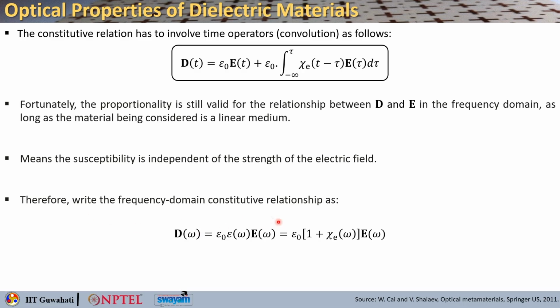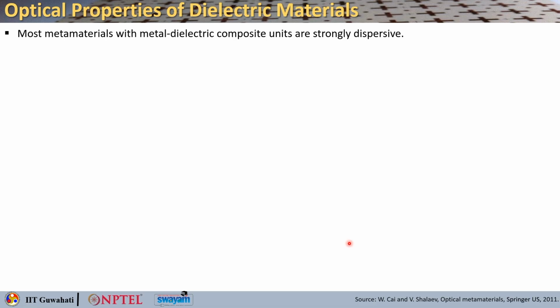So, you can safely write the frequency domain constitutive relationship as D(omega) equals epsilon(omega) E(omega). So, epsilon(omega) you can write as 1 plus chi, E(omega). So, this is the relationship in the frequency domain.